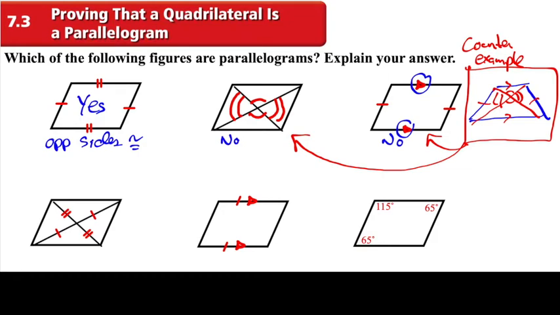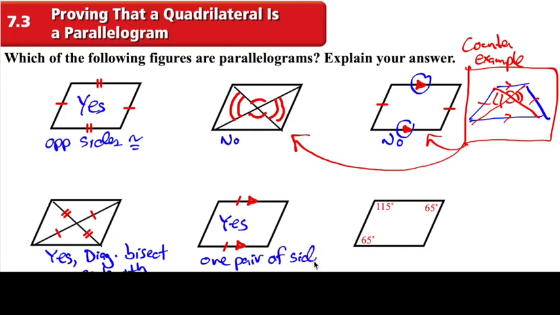So in the bottom row, the first one, we would say yes. Diagonals bisect each other. And the second one across the bottom, we would say yes. We have one pair of sides, both parallel and congruent.